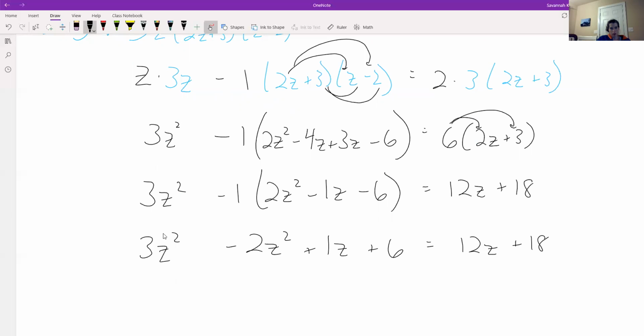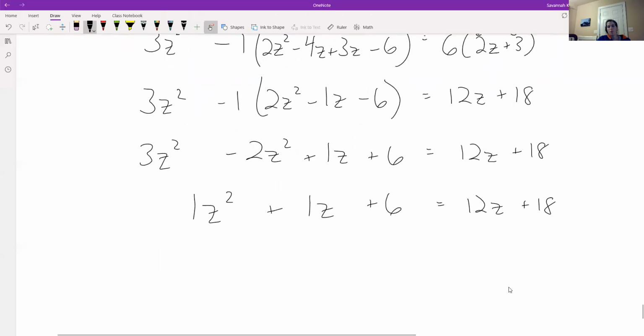The left-hand side, though, I could bring 3 minus 2 is 1 z squared. Now, I'm going to drag everything over to the left-hand side. Looks like that will leave me with z squared minus 11z minus, what is that, 12?